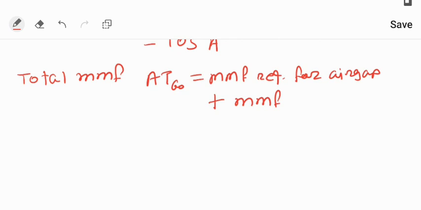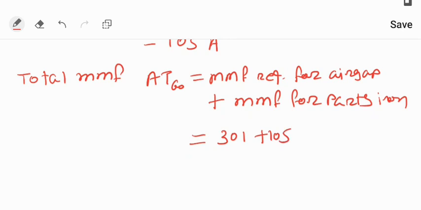Understand that? We just found both values, the MMF required for air gap and the MMF for the iron part. So 301 plus 105 turns out to be 406 amps. The answer is 406 amps.